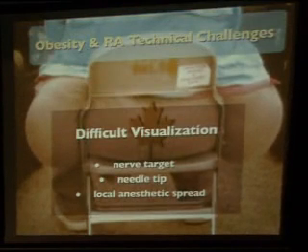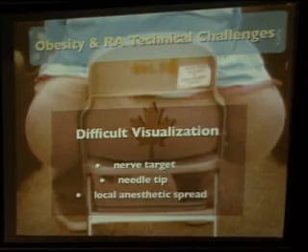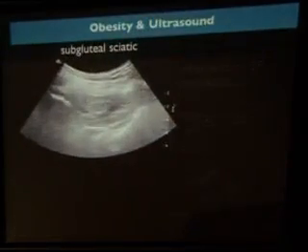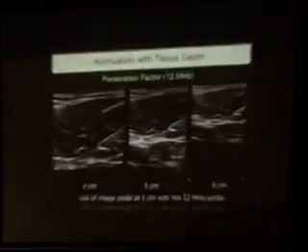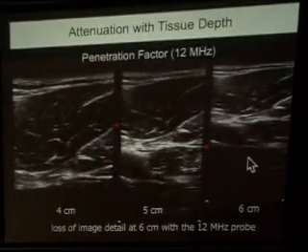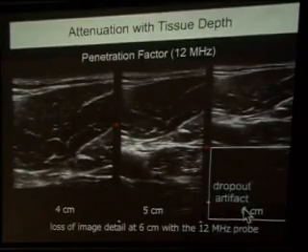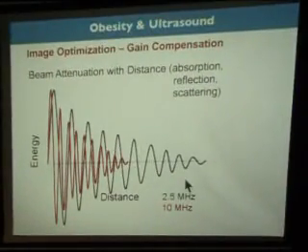Okay, remember when we use ultrasound, there are also nerve targets that are difficult to see. Don't expect that ultrasound is going to be easy, because with ultrasound, particularly with high frequency, there will be dropout artifacts because the signal is going to be diminished with time. So don't expect that you can see very well.